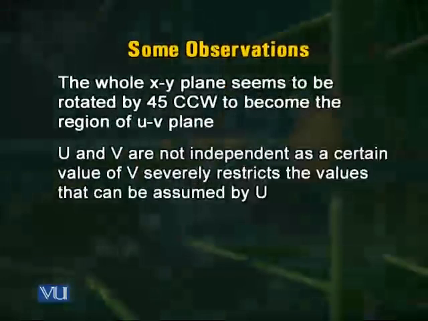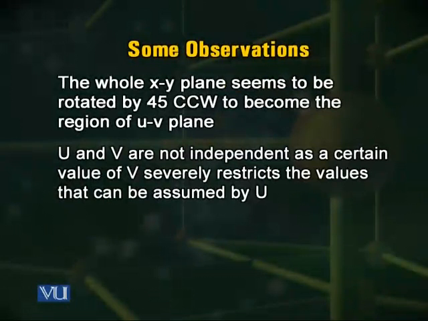If y is 0, x is 50, and 0 minus 50 is minus 50. So if v takes on a value, it strictly restricts u from taking certain values, and it forces u to take only a certain range of values. Hence, u and v are not independent of each other, as they strongly influence each other into taking or not taking certain values.